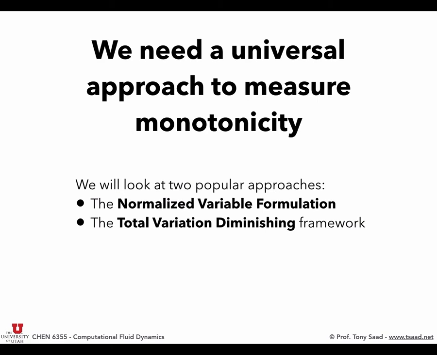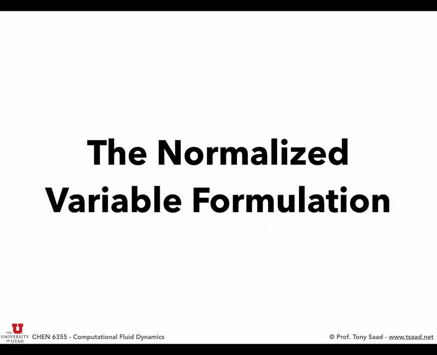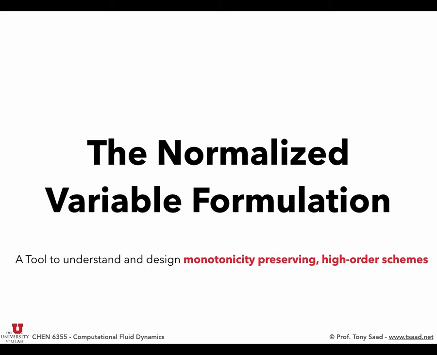So today we're going to look at the normalized variable formulation. It's essentially a tool to understand and design monotonicity preserving high order schemes. I put these in red because I'm going to give them a name: high resolution schemes.